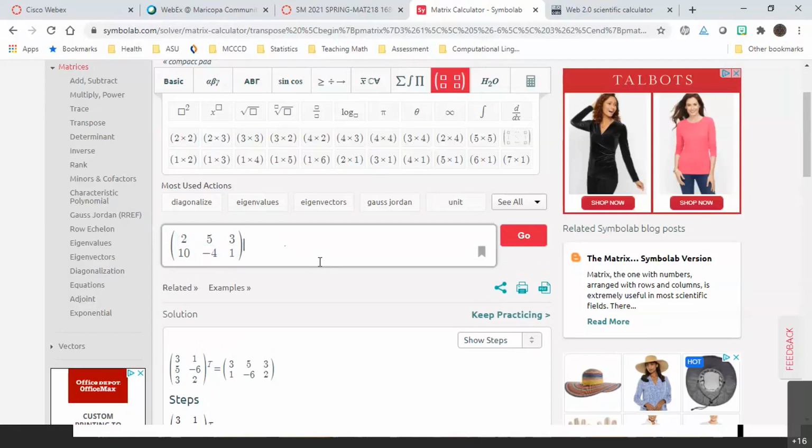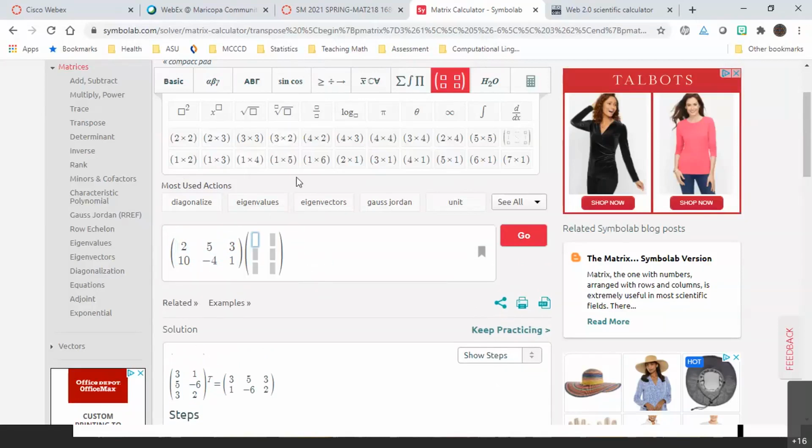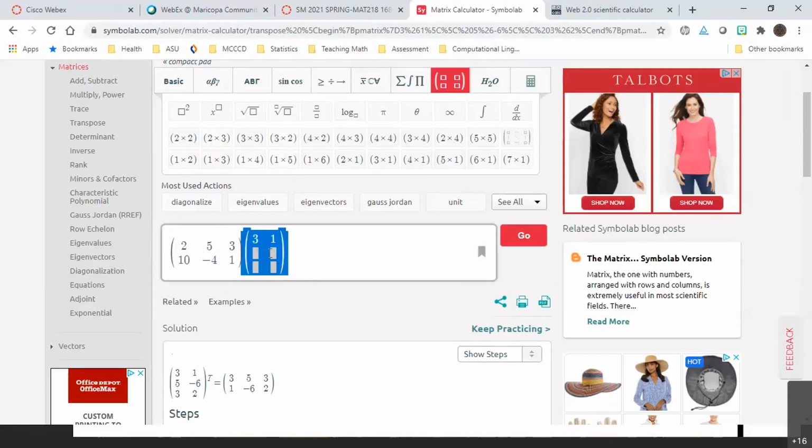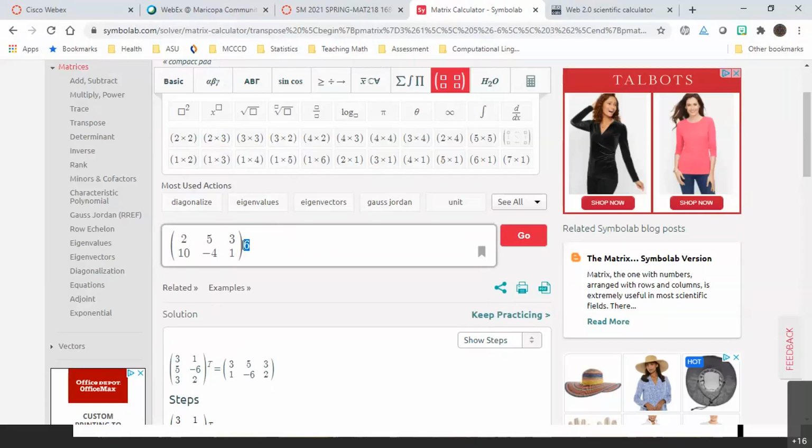And since this is a 2 by 3 and B is a 3 by 2, we can again see that the number of columns in the first equals the number of rows in the second. So it's possible to do a matrix multiply. Not sure why that keeps happening.